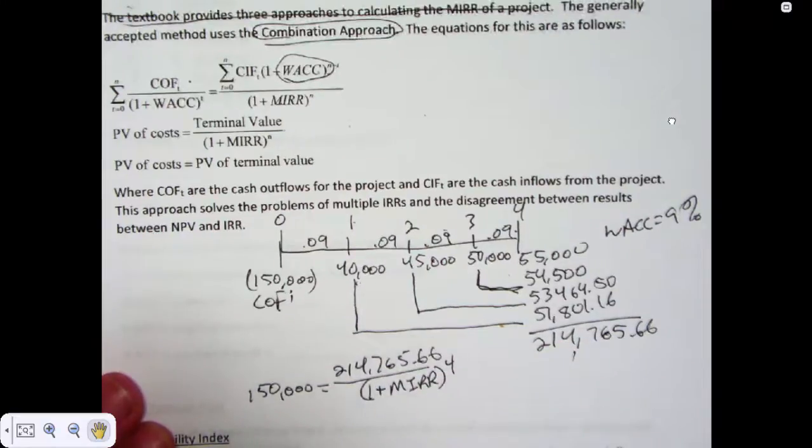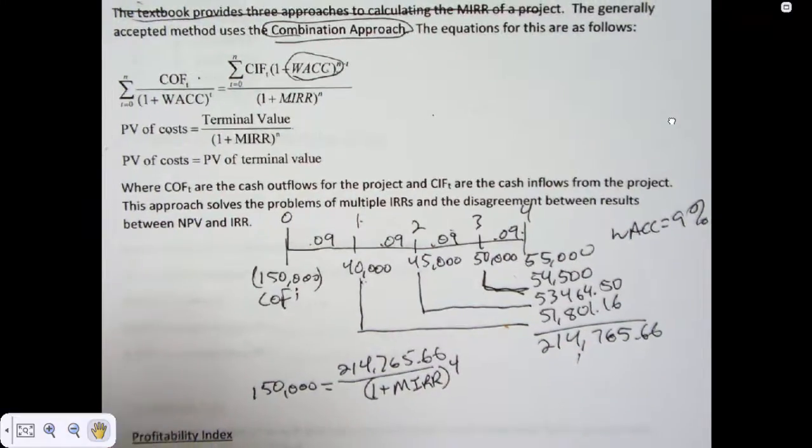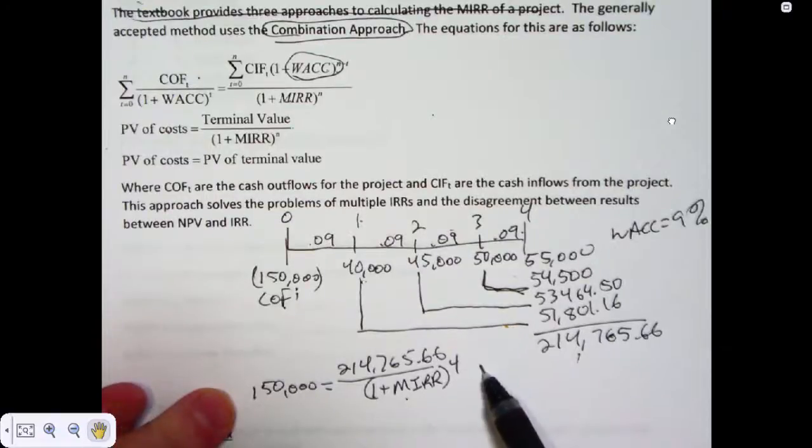So in order to do this, I can multiply both sides by 1 plus MIRR to the 4th power. And then I'm going to divide both sides by 150,000.